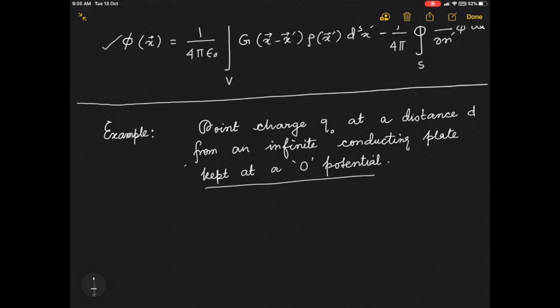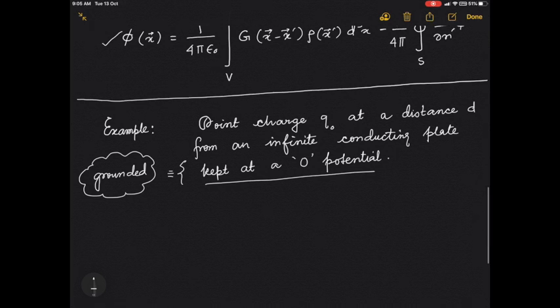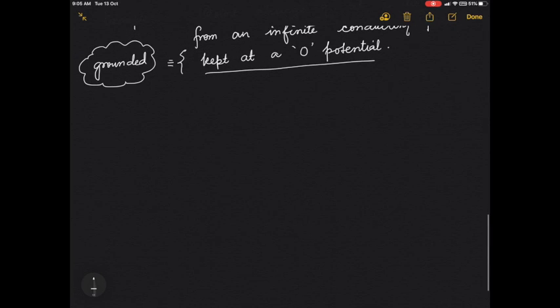Well, when I say kept at a zero potential, this is equivalent to grounded, right? Because ground is usually taken to be zero potential. So this is a grounded infinite conducting plate in front of which you have kept a point charge.